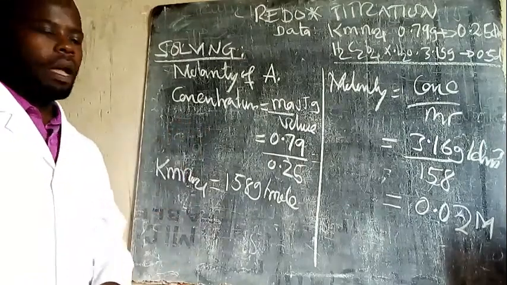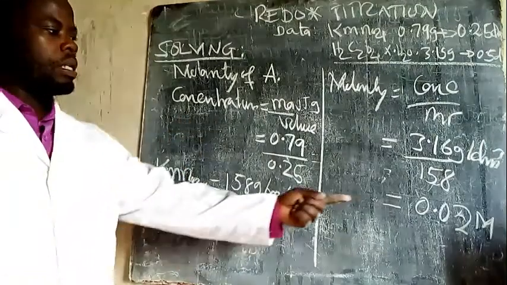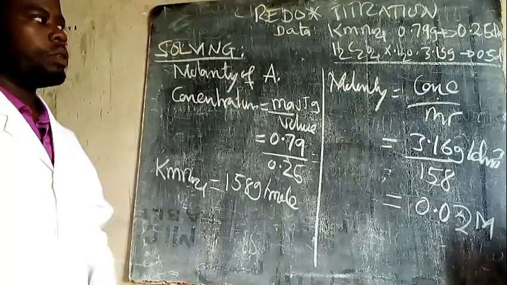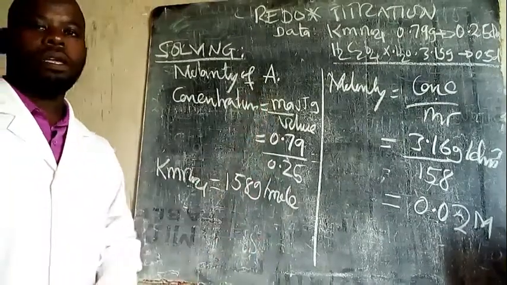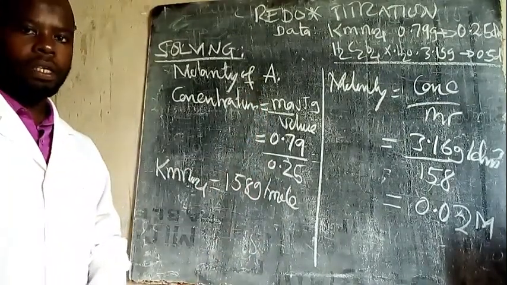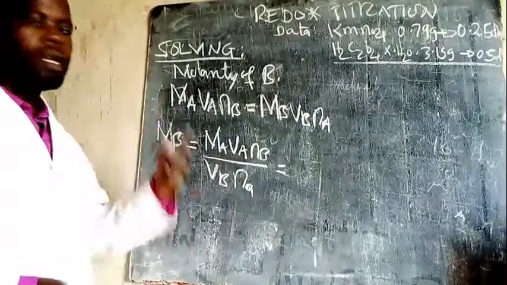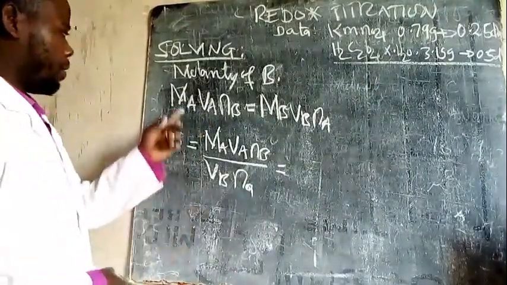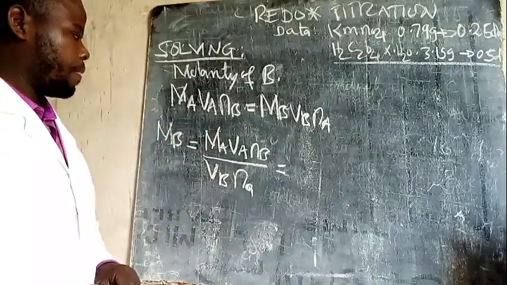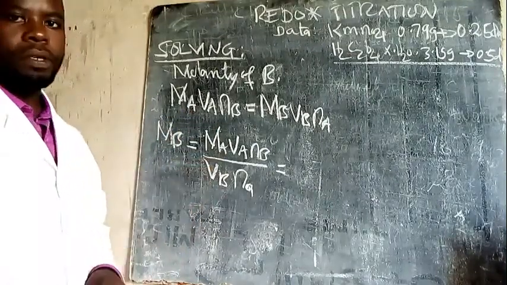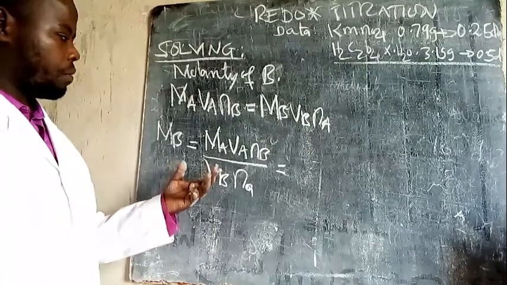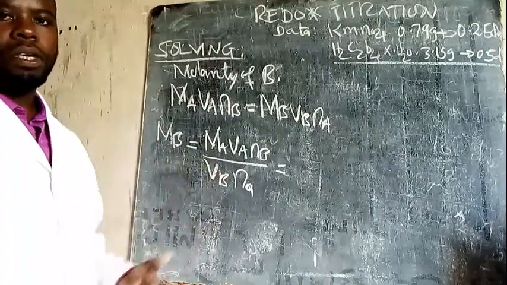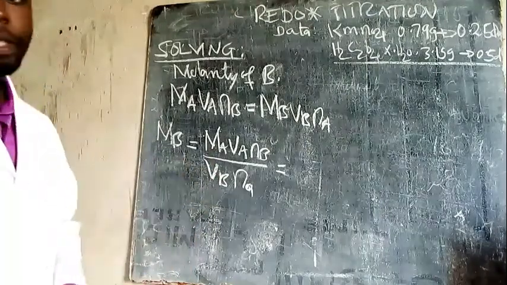After this one, we have to use it to calculate the molarity of solution B, which is oxalic acid. We are going to find the molarity of B by using the molar ratio formula, which is this one. Molarity of acid we have not got yet. Molarity of potassium permanganate, or solution A, is 0.02.